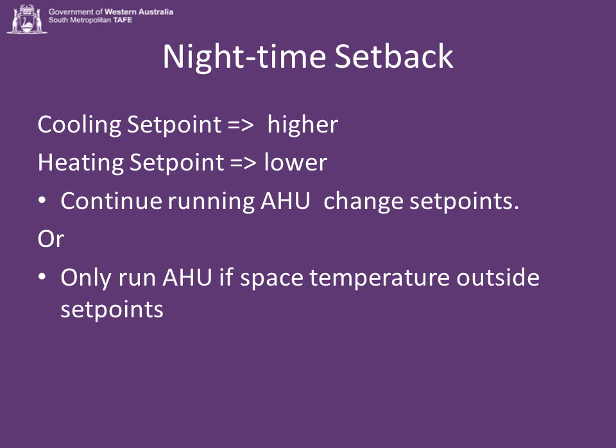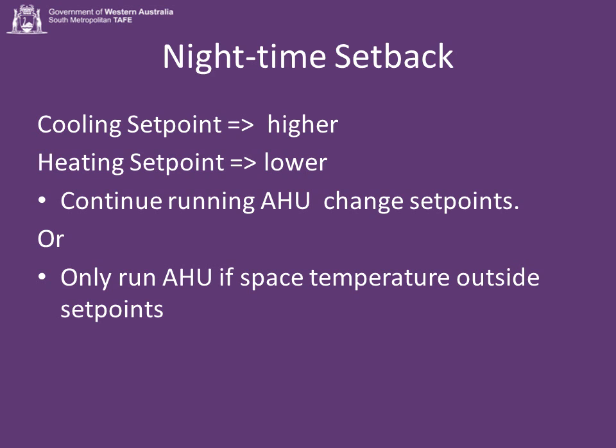We continue running the air handling unit, but with much changed set points. So the cooling set point is much higher, the heating set point is much lower. That way, hopefully, we don't have to heat or cool. This is effectively what happens in some hotel rooms, so that the hotel room isn't actively heated or cooled to normal occupancy temperatures, but it doesn't get really, really unpleasantly hot or really, really unpleasantly cold for when somebody walks in.